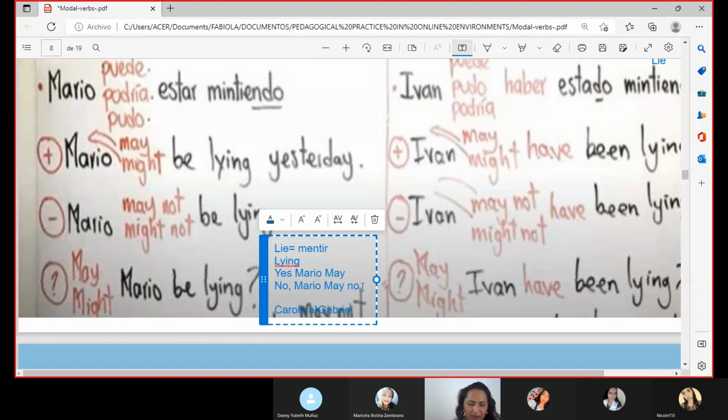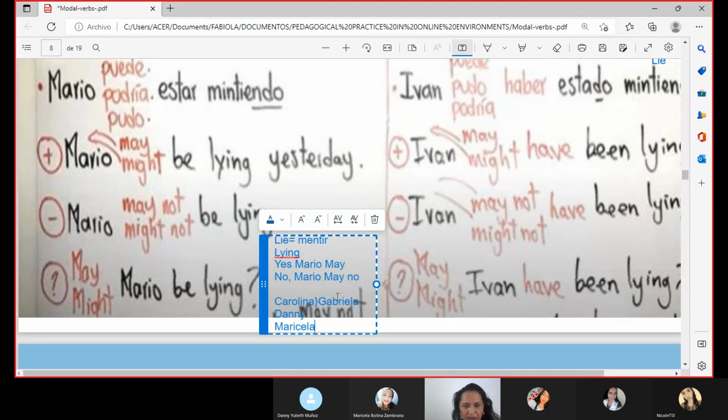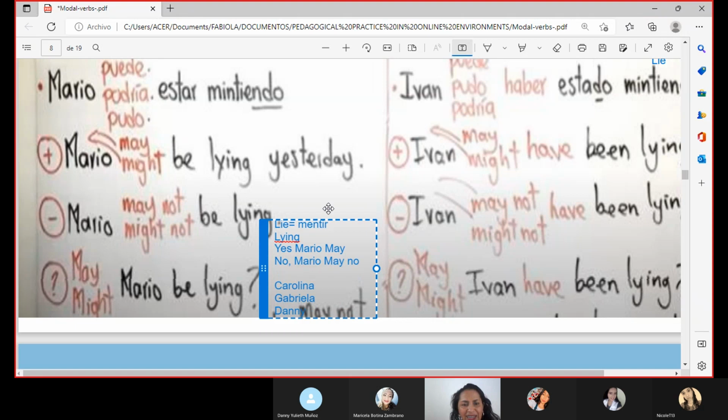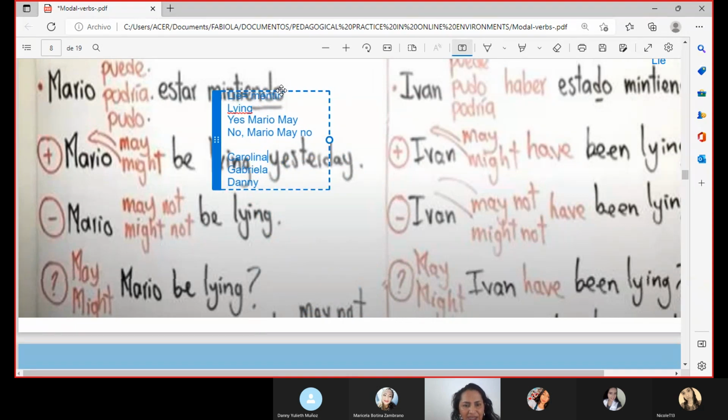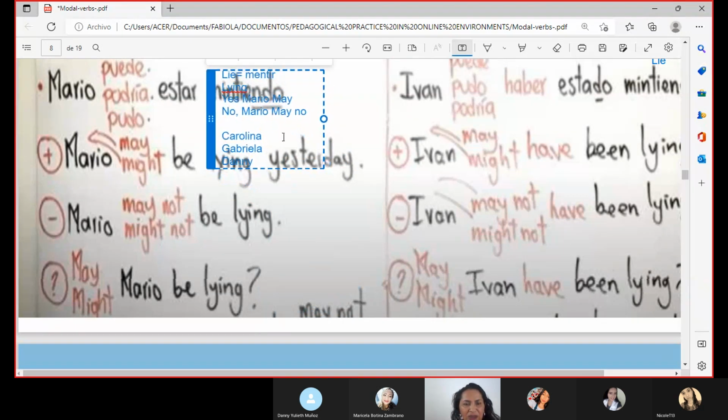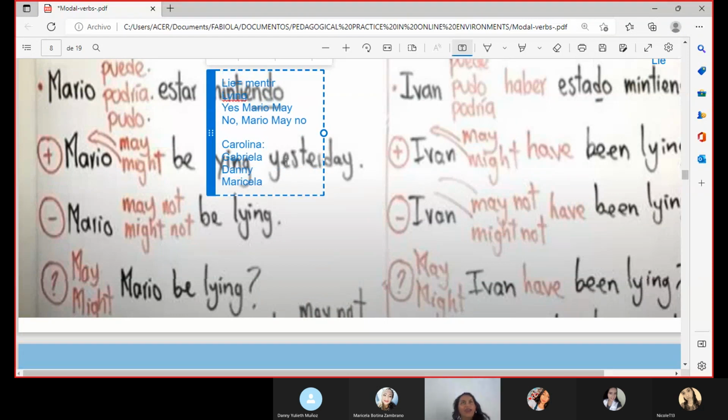Carolina, Gabriela, Dani, and Maricela. ¿Cómo podrías utilizar ese verbo podrías? Es una posibilidad, no es algo incierto, es algo que puede ser. ¿Cómo podrías decir un ejemplo, Carolina?